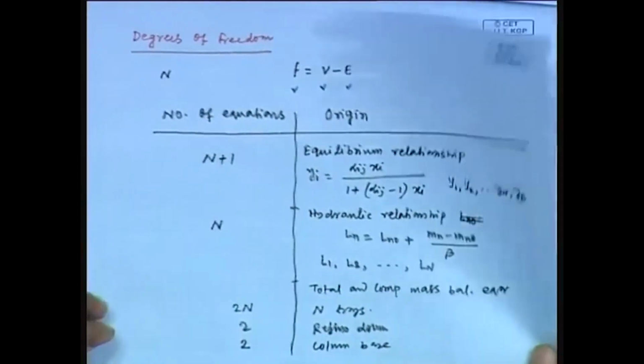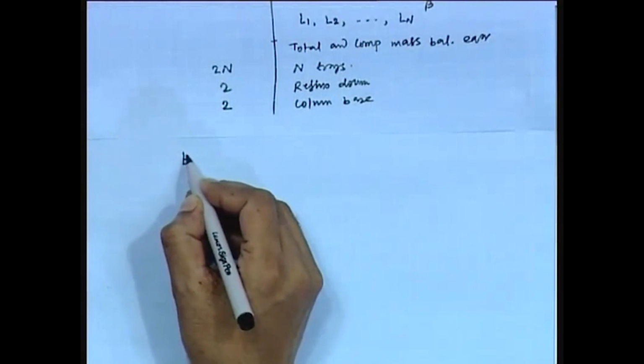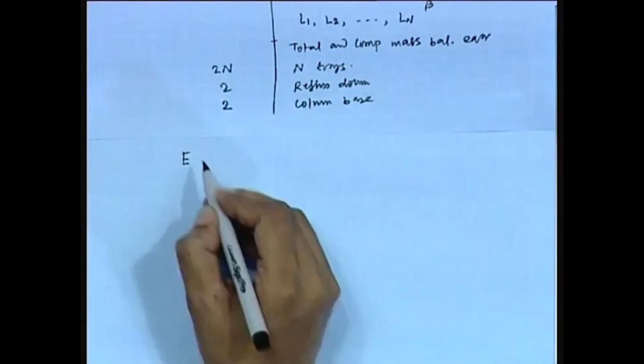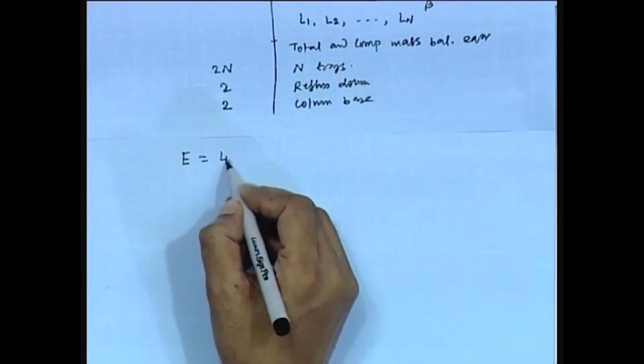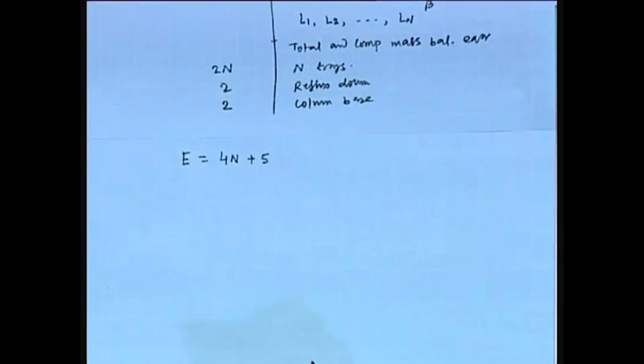So, total number of equations E equals 4n plus 5. Total number of equations E equal to 4n plus 5.